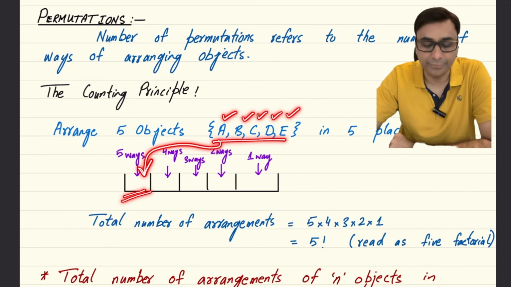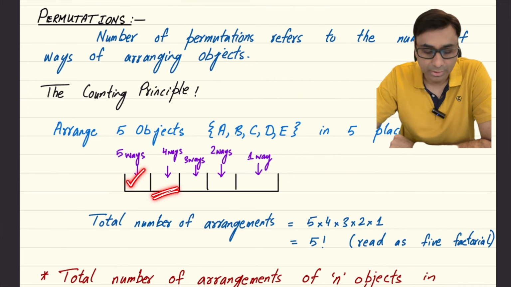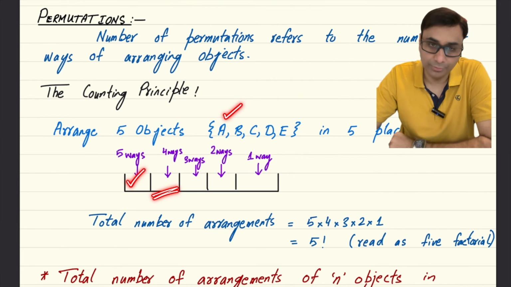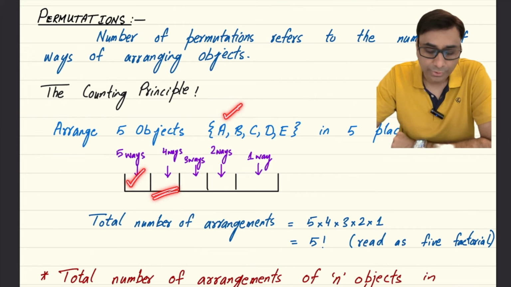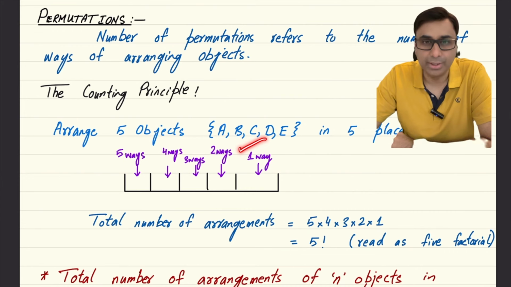Once you have filled this space, one object has already been placed here, and then you have another space where you have to put another object. Since one of the objects is already gone, and we are not specifying which one, you would have 4 objects remaining here.